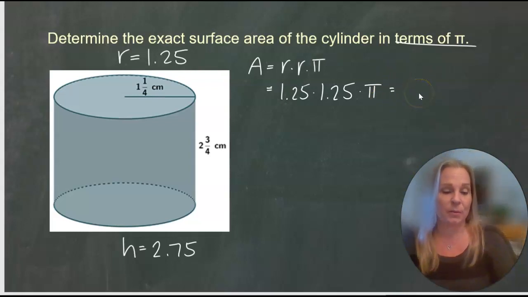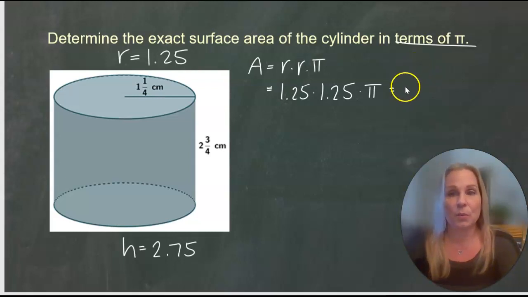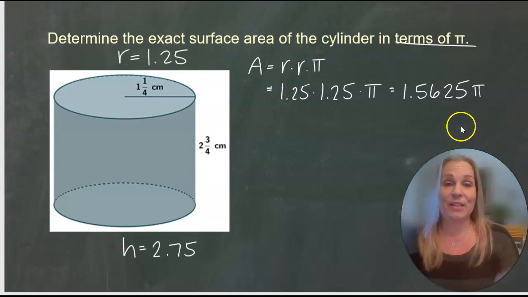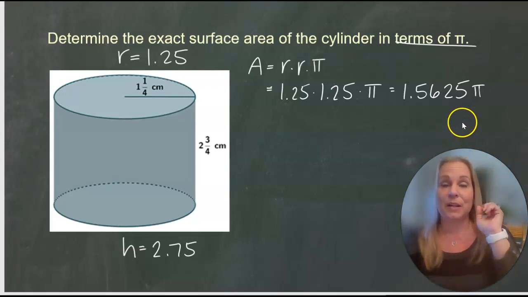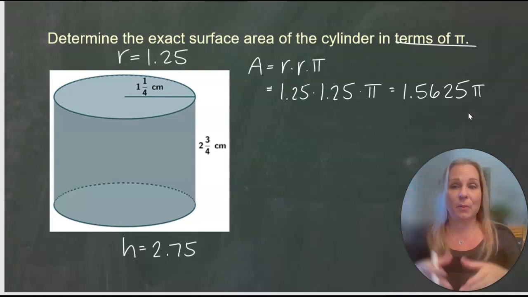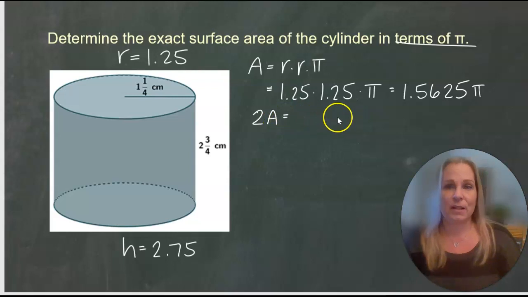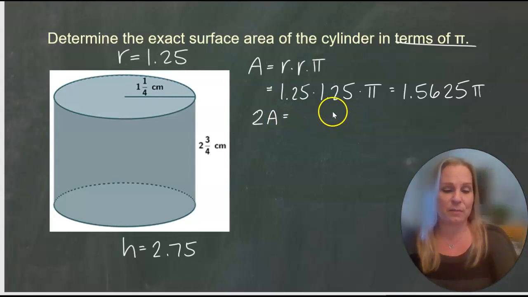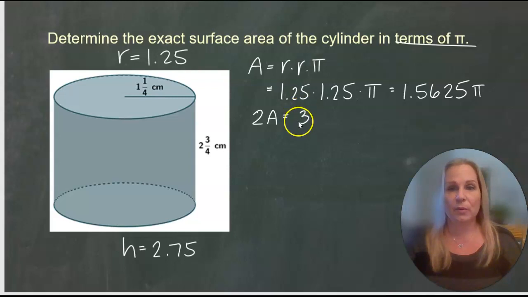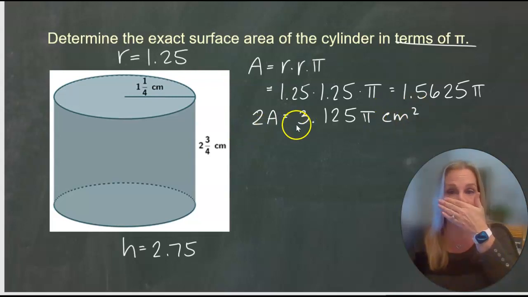So that's going to be 1.5625 pi. All right, that's one circle, right? But I've got two circles. I've got one on the top and I've got one on the bottom. So 2 times my area is going to be, let me double this, 3.125 pi, and that is square centimeters. All right, so that's both of my circles.